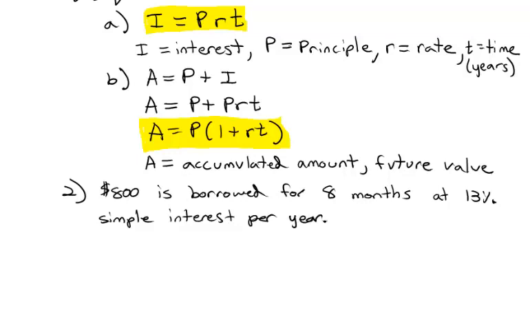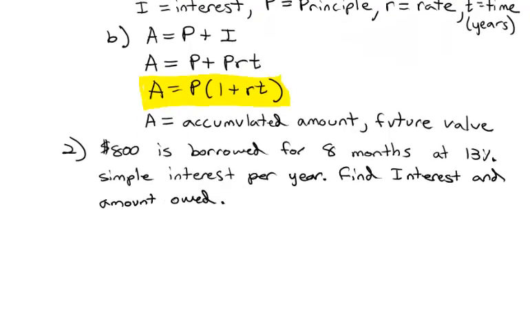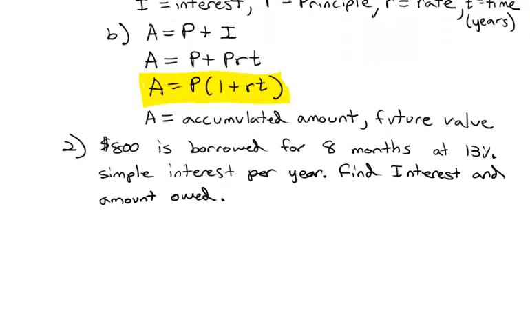We already know the 8 months, don't need a different time in there. We're going to find the interest and the amount owed at the end of the 8 months.